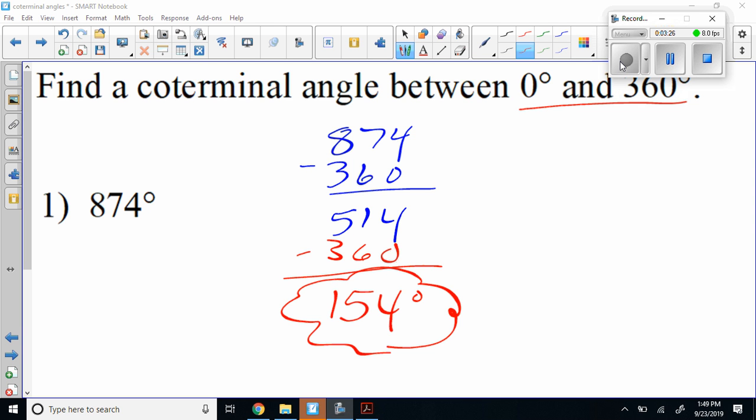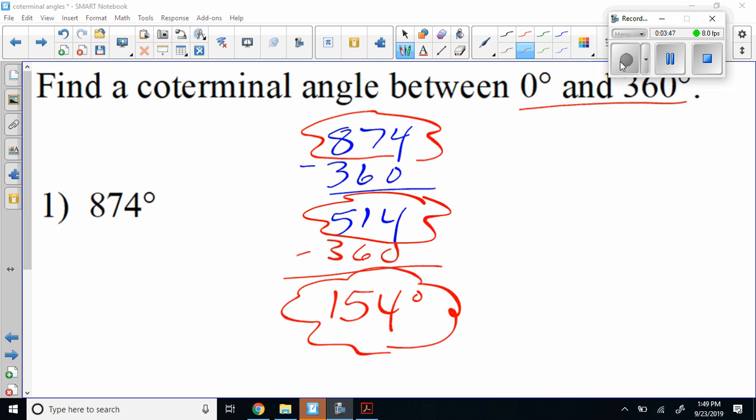Yes, we have. What I want to bring your attention to is 874, 514, and 154. If I were to draw those angles, they'd have the same initial side and the same terminal side. You just have a lot more revolutions to get there.